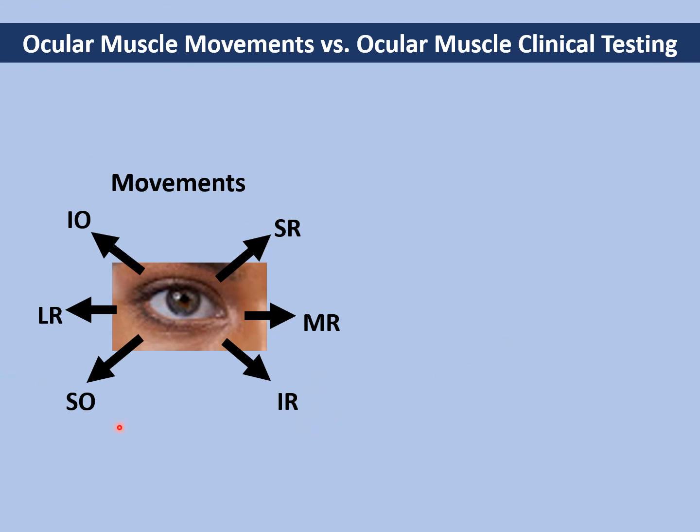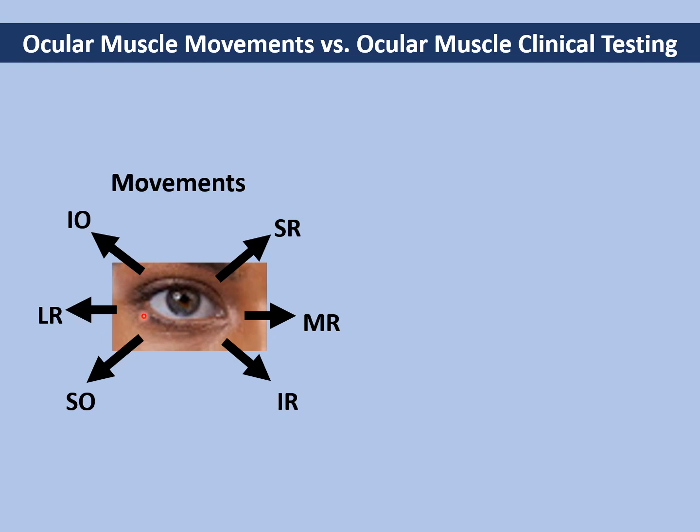So in summary, when we talk about the movements of those muscles on the eye, the superior rectus, for instance, elevates and moves the eye medially, adducting the eye, whereas the inferior oblique elevates the gaze and also moves the gaze laterally, or abducting the gaze.